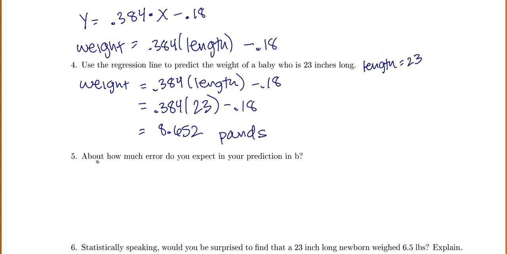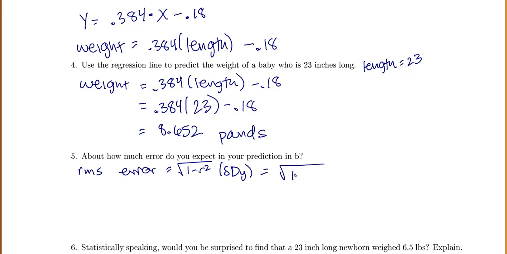Number 5. About how much error do you expect in your prediction? Anytime we're asking about this, this is going back to the RMS error, which is the square root of 1 minus r squared times the standard deviation of y.